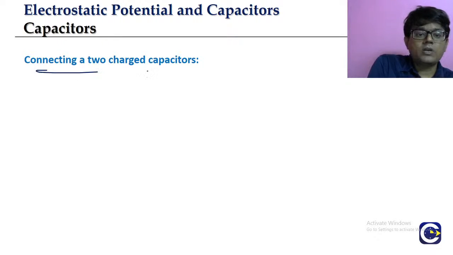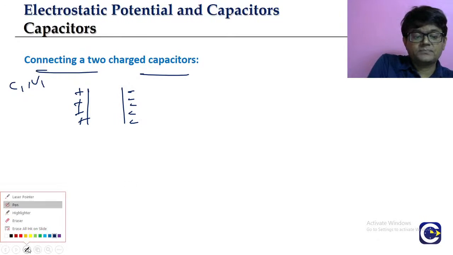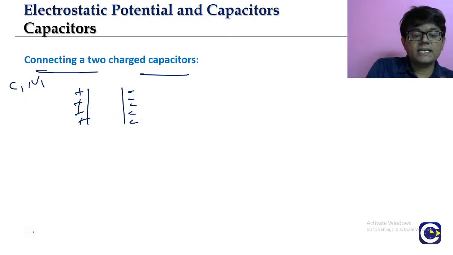In this you can have one more case. Look at this, we have the capacitor C1 with a voltage V1, on this side positive, on this side negative. The second capacitor we will connect in exactly the reverse manner.